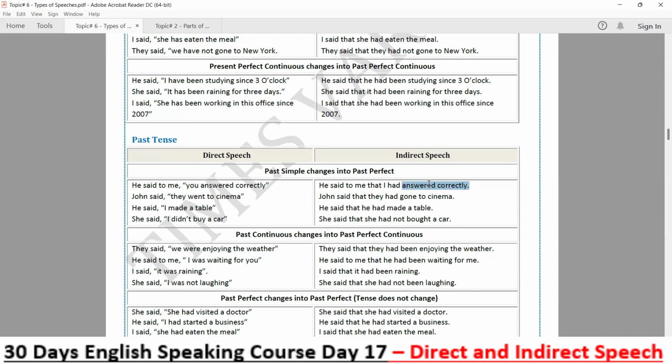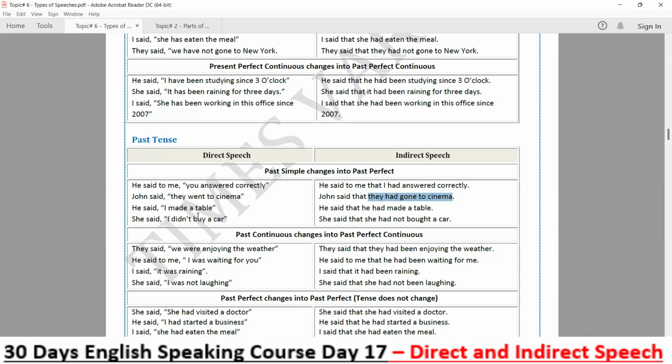You see, I had answered correctly is past perfect, and you answered correctly is past simple. Okay. Similarly, John said, they went to cinema. This is past simple. John said that they had gone to cinema, which is past perfect.